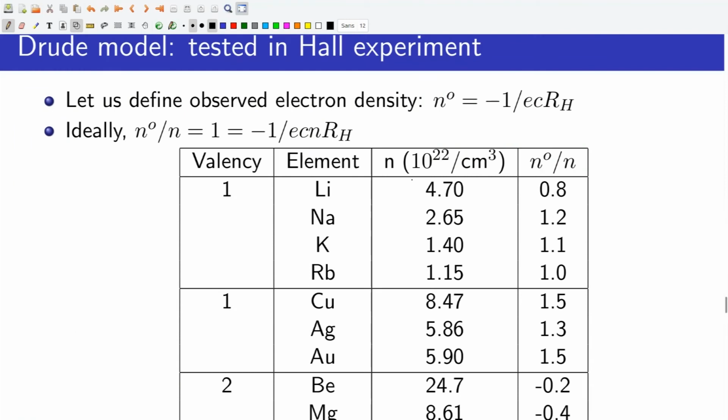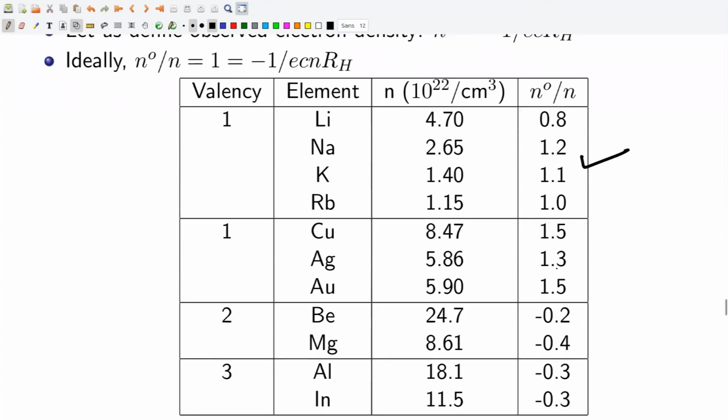Let us see what the values of NO divided by N are for different metals. If you look at the alkali metals like lithium, sodium, potassium, rubidium, the match is very good because the number that we get is very close to 1. If you look at noble metals like copper, silver, gold, then the match is not that good because the numbers are slightly away from 1.